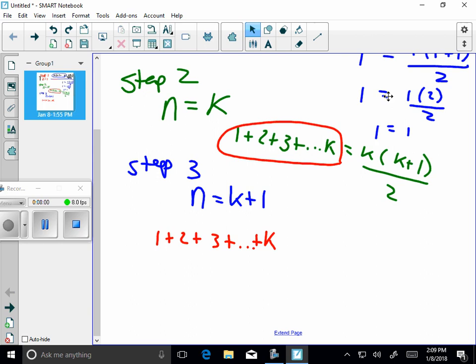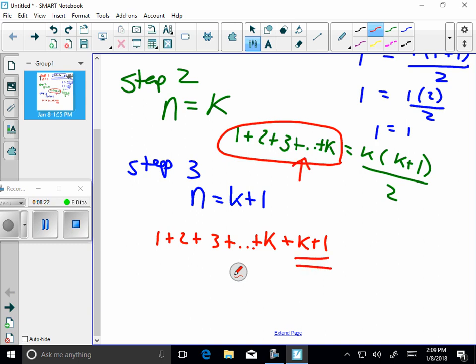Plus k. But then, don't replace the k with k plus 1. Would you agree there would be a k, and then after that, there would be a k plus 1 in the list? So all I really did was take this and throw in the next term.